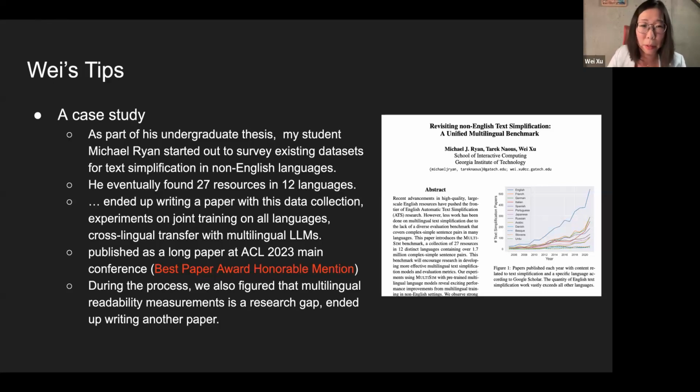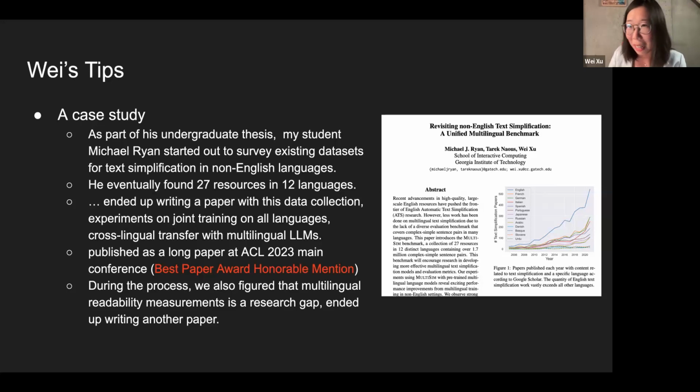And he conducted a series of experiments: what if you combine all the data together, would that help? And which language family is better for transfer learning? Transfer learning means you train on one language but make it work on another, because of the multilingual capabilities of large language models. So he not only published a paper but also won a best paper honorable mention, which is not that easy for an undergraduate to do.